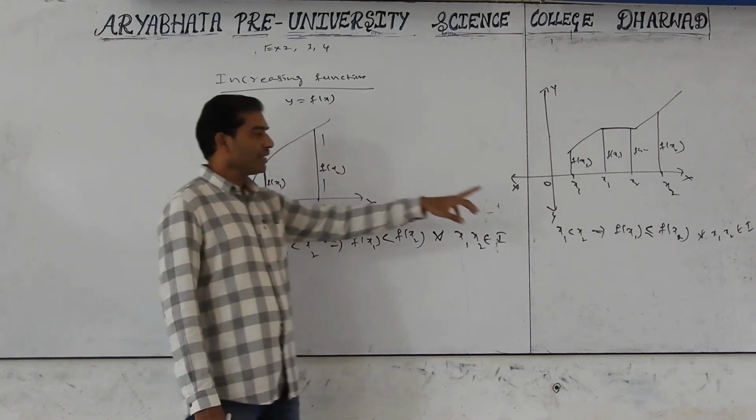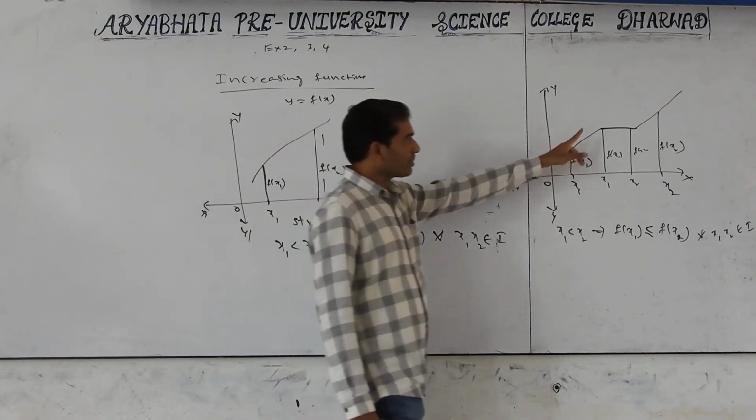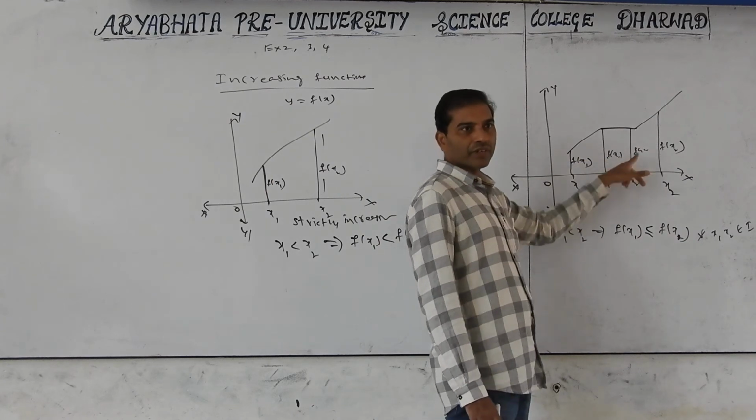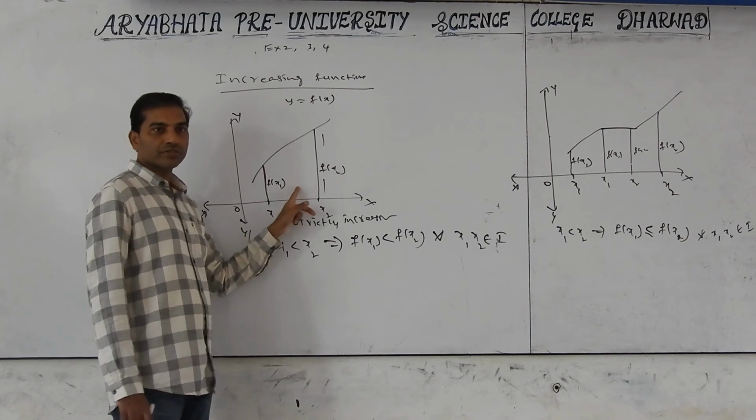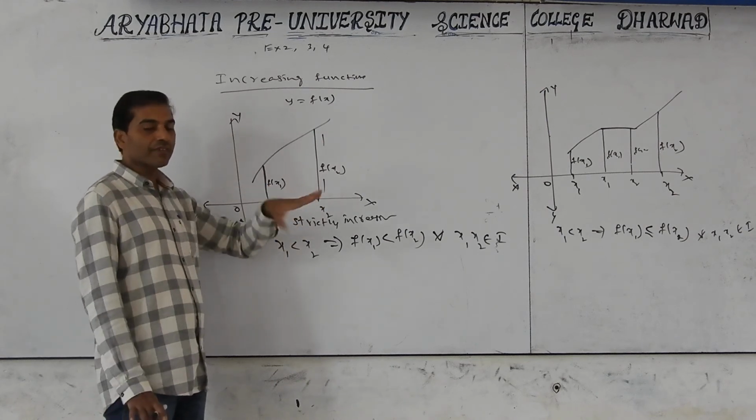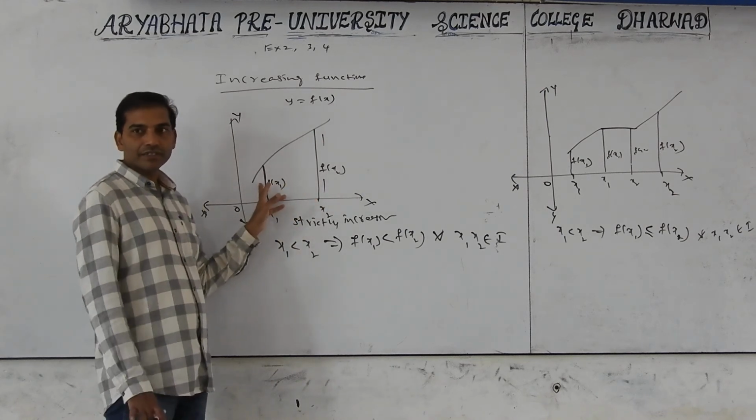In increasing, sometimes f of x1 and f of x2 may be equal. But in strictly increasing, they are never equal.